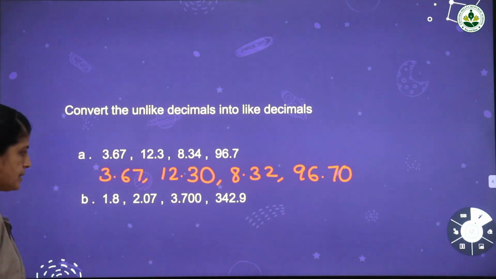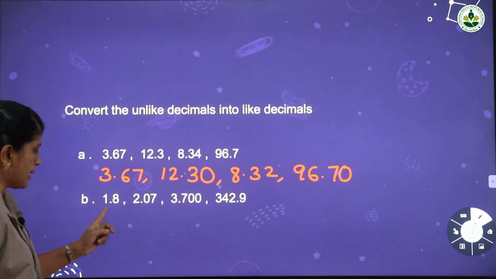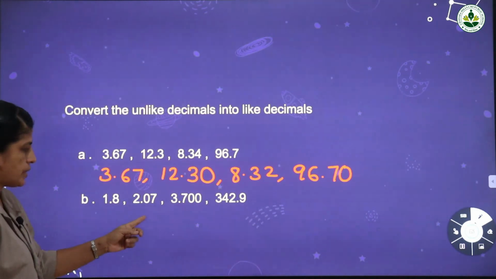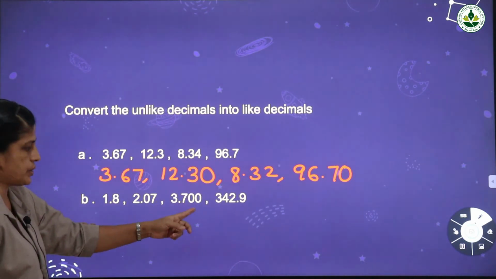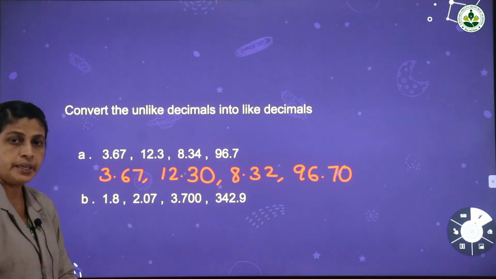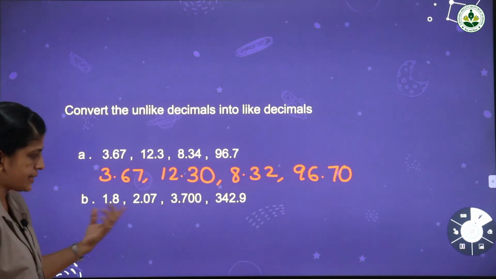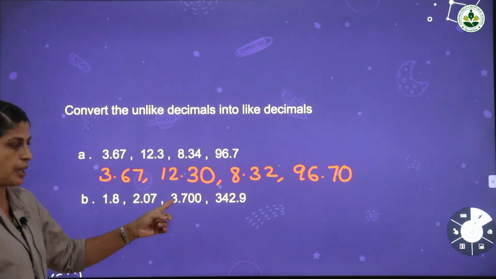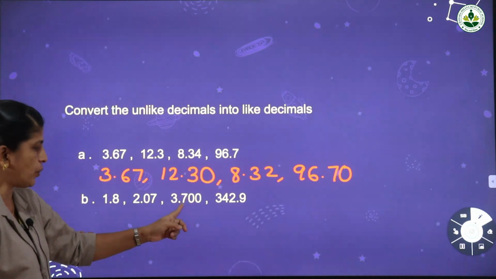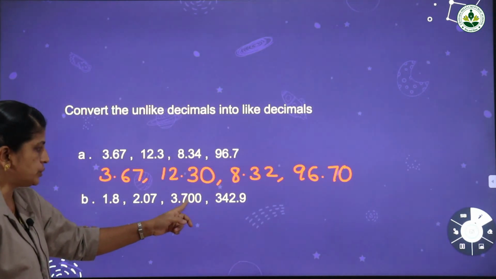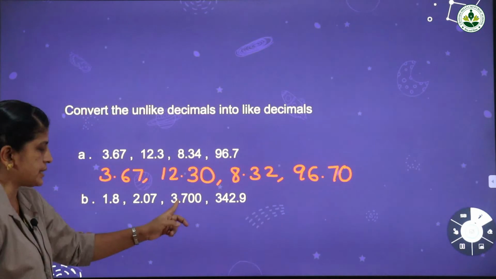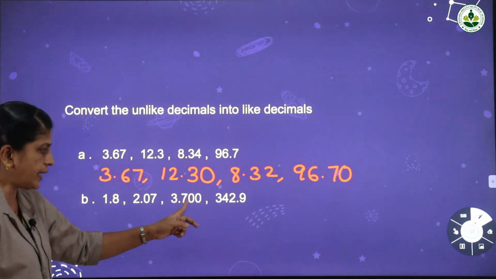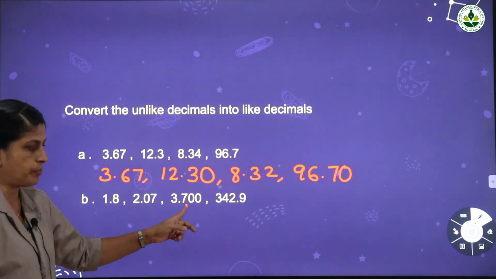Then in the second set, look, the numbers are 1.8, 2.07, 3.700, 342.9. Among all these decimal numbers, the maximum number of digits after the decimal point is 3. 1, 2, 3. In 3.700, there are 3 digits after the decimal point.